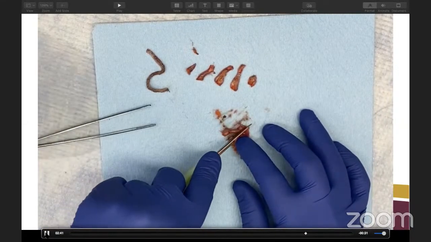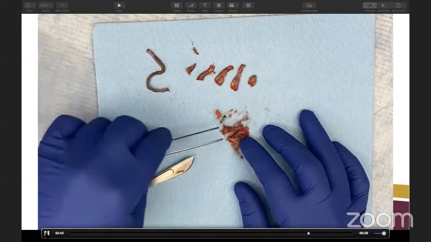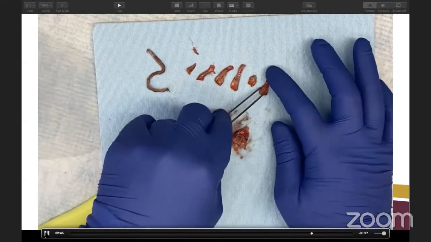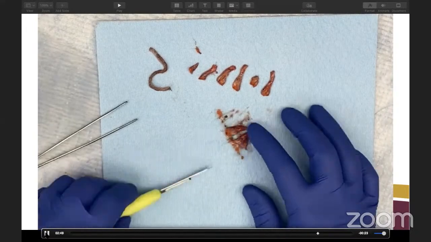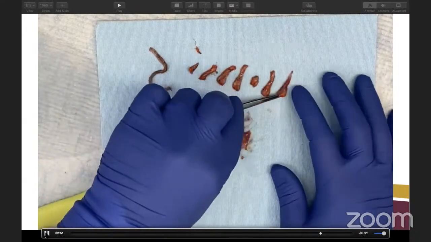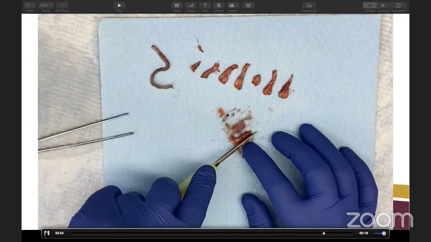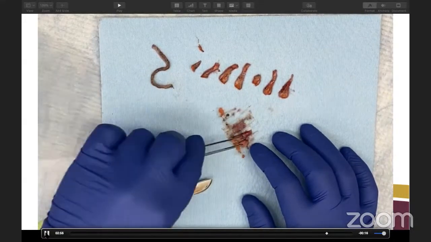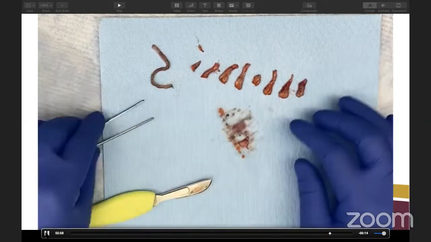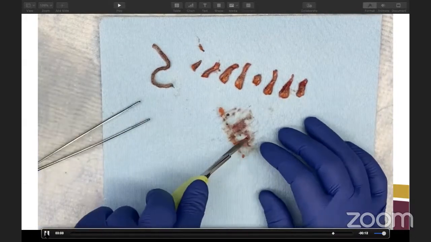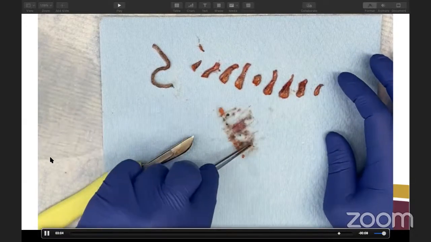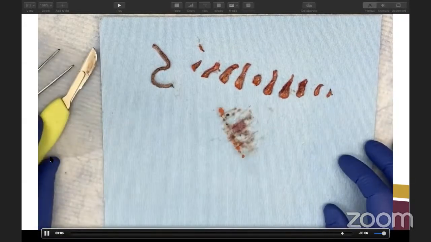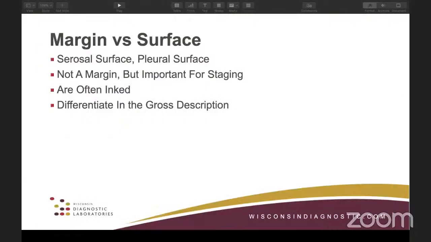And then I section that way all the way through and lay out my sections in order. Okay, so that was perpendicular margin.